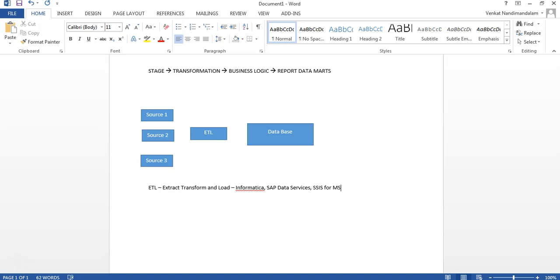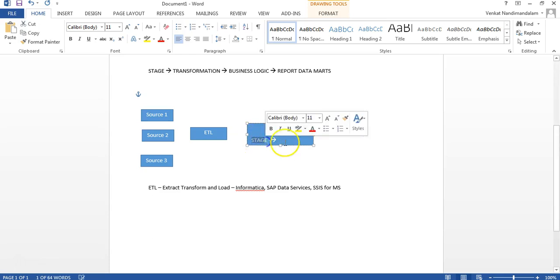So you can use any of these ETL tools, and then once you have got data into your target database where you keep stage, which means it's going to be like a one-to-one map. You just dump the data you have in the source to target, and so this is going to be your one schema.